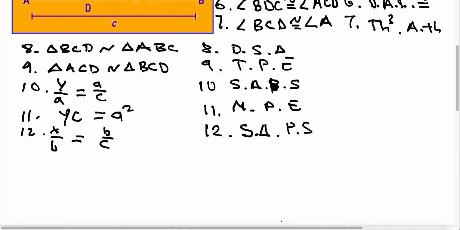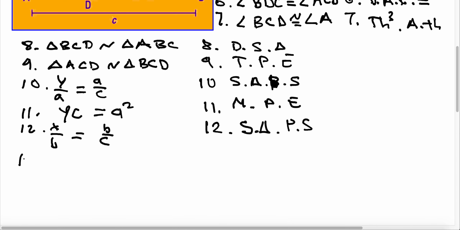And number 13, now if we are multiplying both sides by the c, then we come here, xc is equal with b squared. And again, this is based on the multiplication property of equality, both sides.